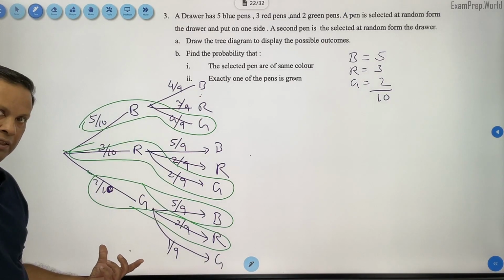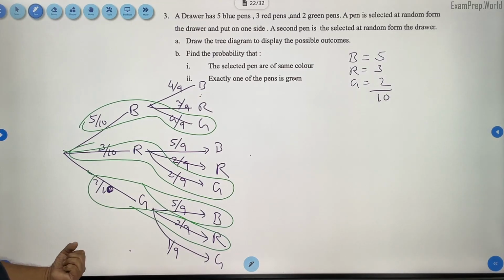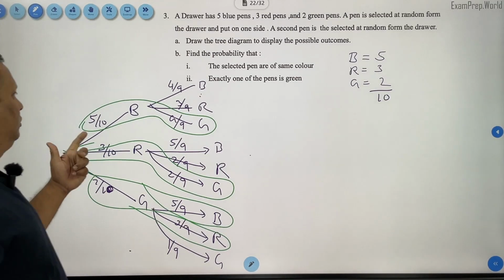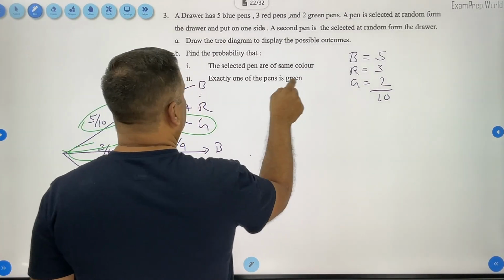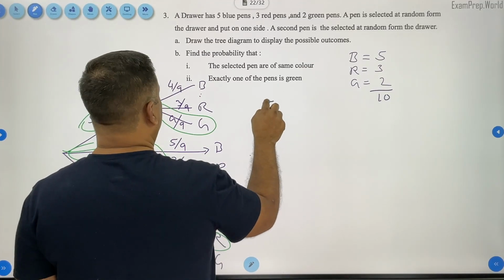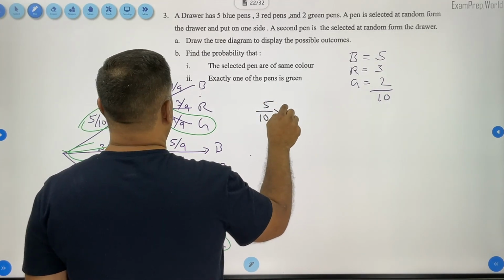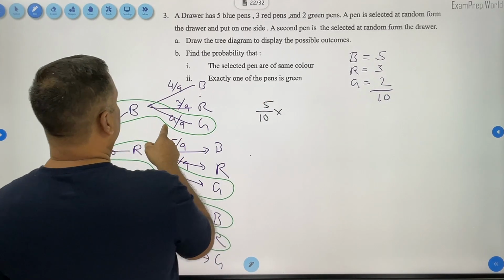Pause the video right at this point. Now let us do the calculation of the probability for this answer. So it is 5 upon 10 into, what did I write here?